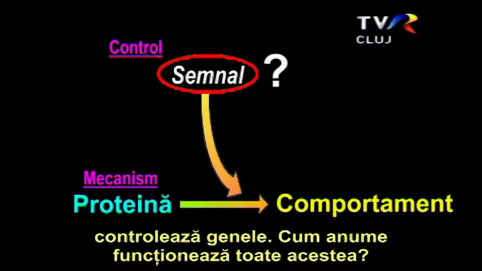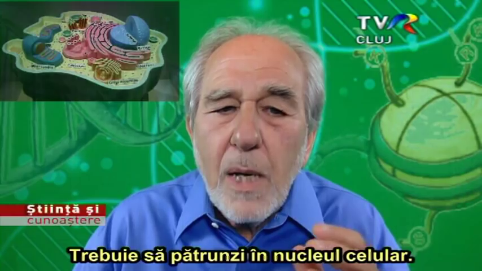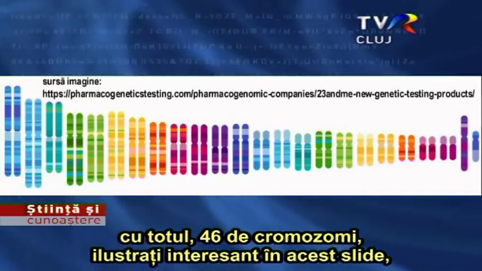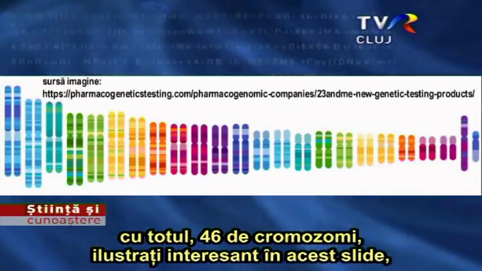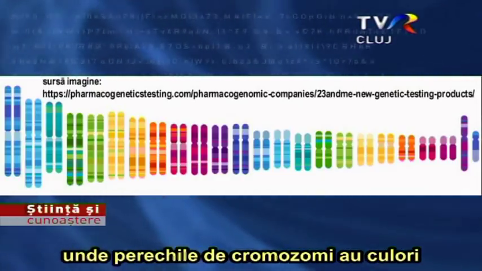But then I said, but how does this actually work? Well, you go into the nucleus of the cell. And when you go into the nucleus of the cell, guess what? You find chromosomes. And there are 23 chromosomes from your mother and 23 chromosomes from your father, together 46 chromosomes. This is illustrated in this slide, where the pairs of chromosomes are shown in different colors.